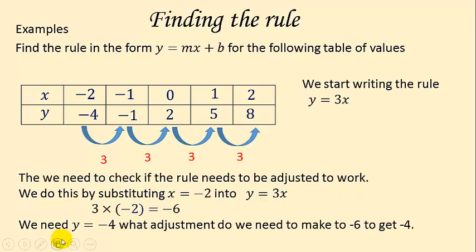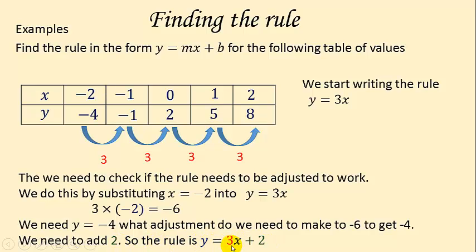So we need y equals -4. What adjustment do we need to make to -6 to get -4? So when I get -2 times 3, I get -6, but my answer has to be -4. So what I need to do is add 2. So the rule is y equals 3x plus 2.